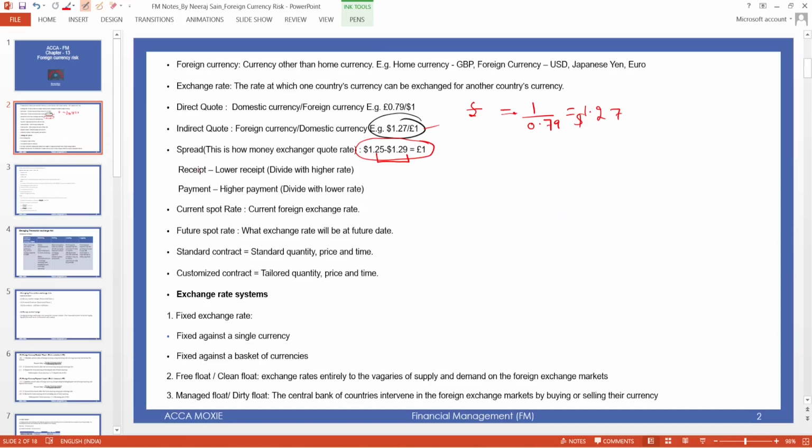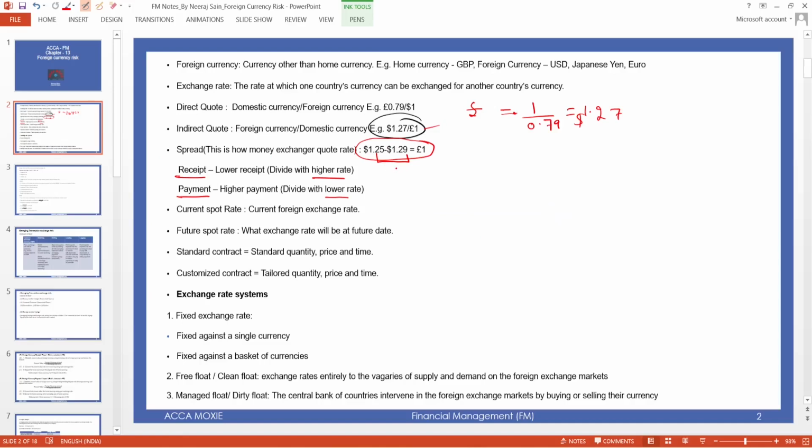If you are receiving the foreign currency, then you have to use the higher rate. If you are paying the foreign currency, you have to use the lower rate. So why? Because at worst, you always get the worse rate. Let me explain.